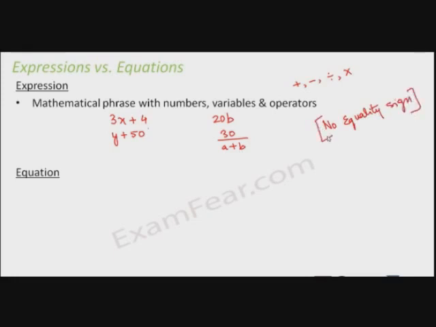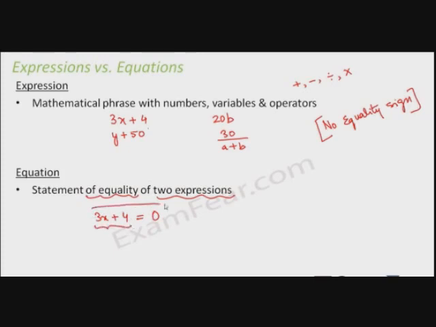But an equation definitely has an equality sign, because it is a statement of equality between 2 expressions. Something of this sort: 3x plus 4, the same expression, when it gets equated to something else, is called an equation. Now 3x plus 4 is still an expression, but overall this entire thing is an equation.